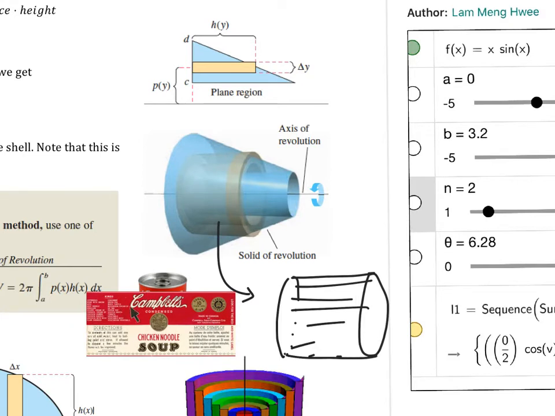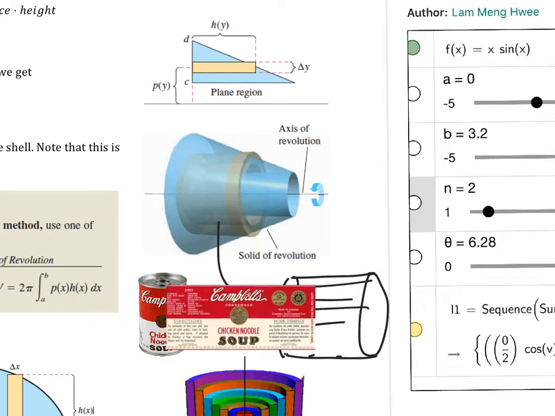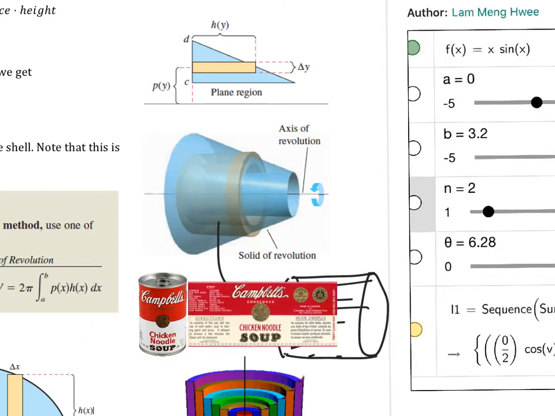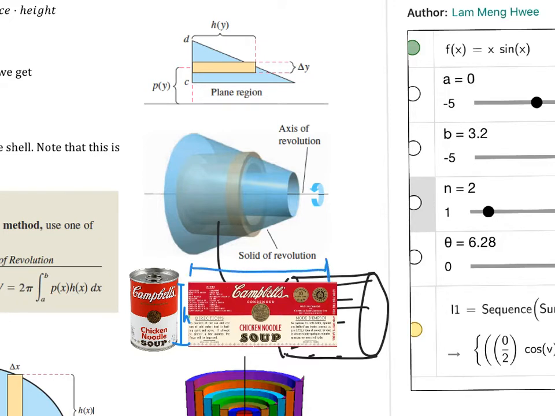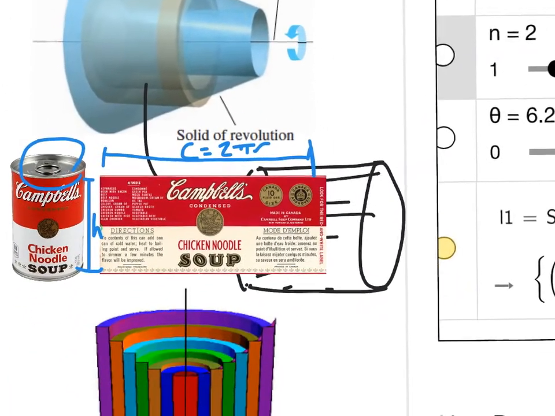We call this the lateral surface area, and it comes from the height, this distance here. The length of this rectangle is the circumference, because it has to wrap all the way around the can. The circumference of a circle is 2 pi r.